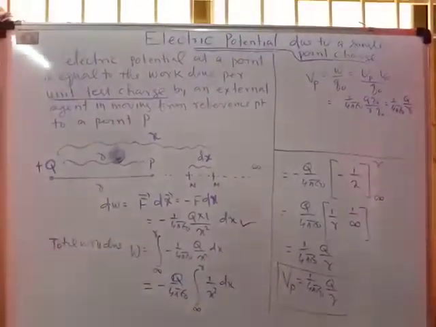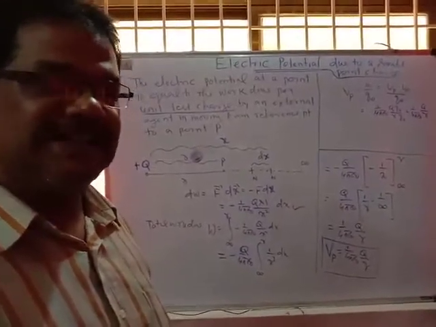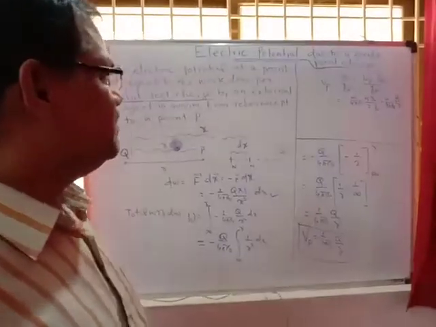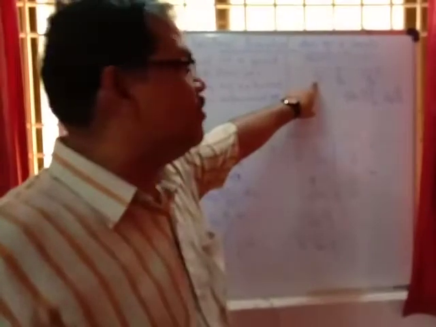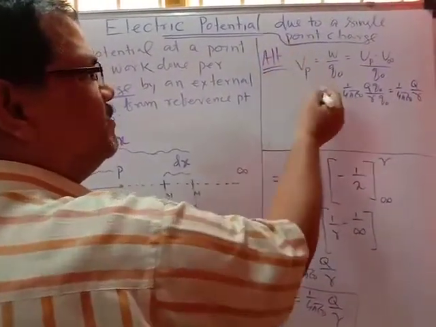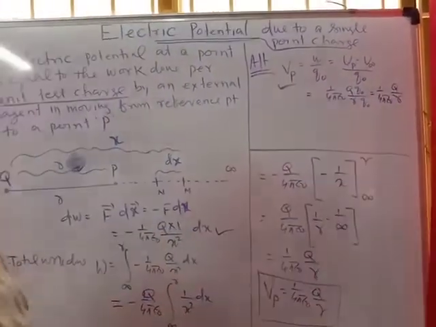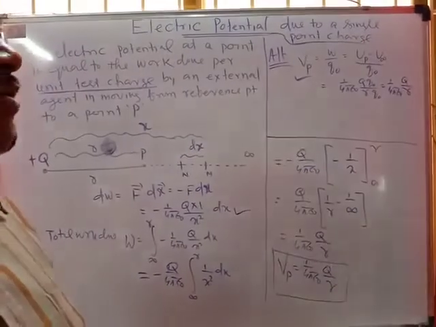And this also can be explained by using the potential energy technique. What is the potential at point P, Vp? The alternative method. Potential at point P, Vp equals W upon Q naught, because already you have taken Q naught as the test charge. So what is the W?